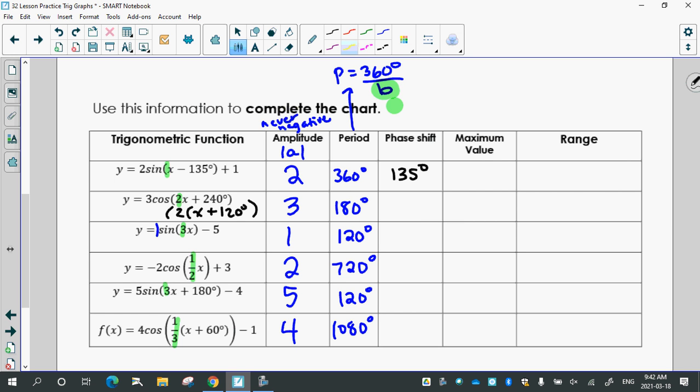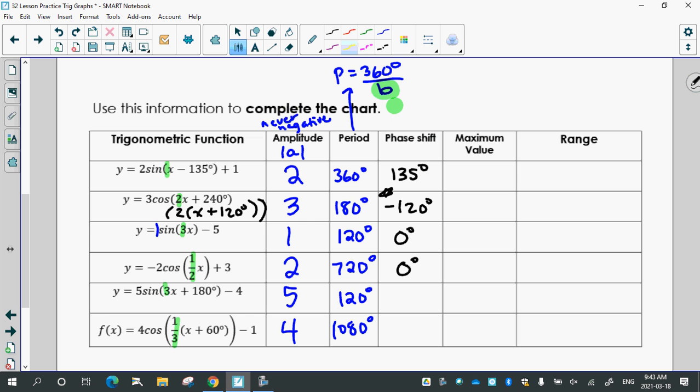So you have to factor the 2 out, and it should be negative 120 degrees. Okay? The third one would be 0 degrees, because you're not moving it left or right at all. And same with the fourth one. Not moving it left or right.